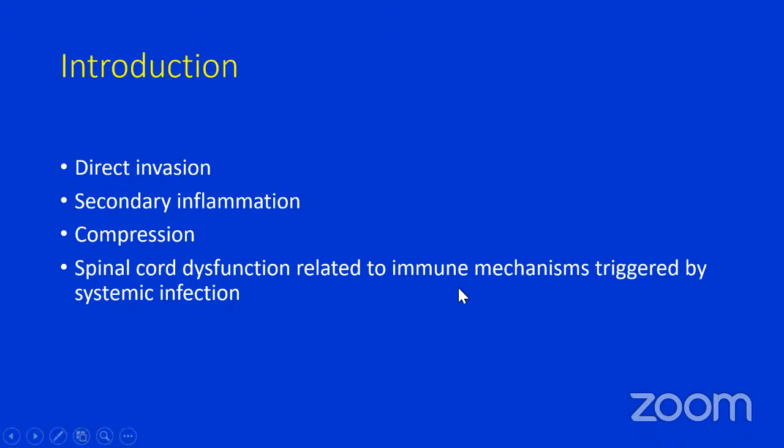I'd like to kick off by saying the most classical example of infectious myelopathy in our situation is viral transverse myelitis, where we have never been able to prove the virus. Exactly.